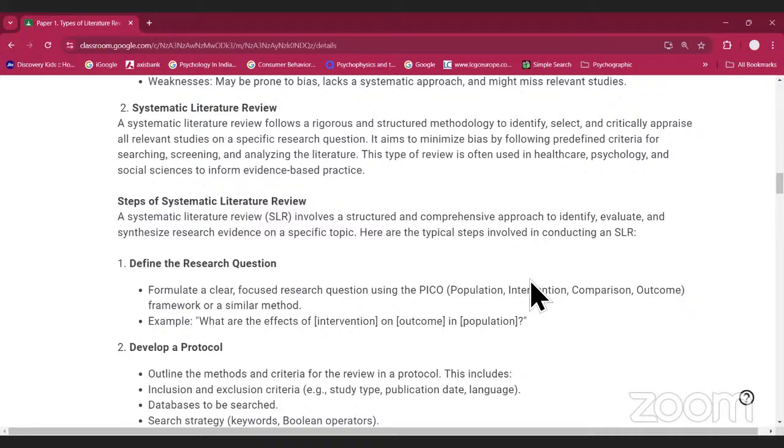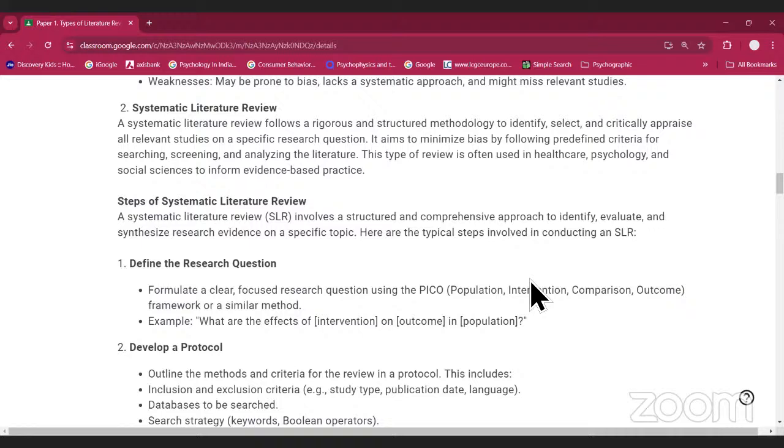Now, here you can find out that systematic literature review is very much useful in medical or in health-related journals, because in the medical or health-related journals, you will find the effect of different interventions on the behavior.